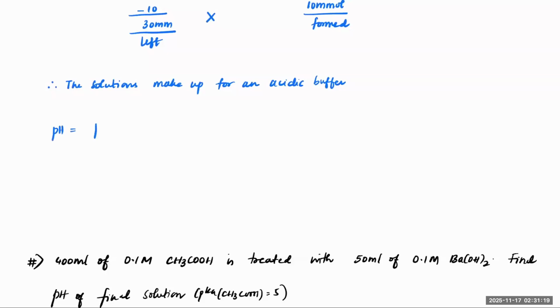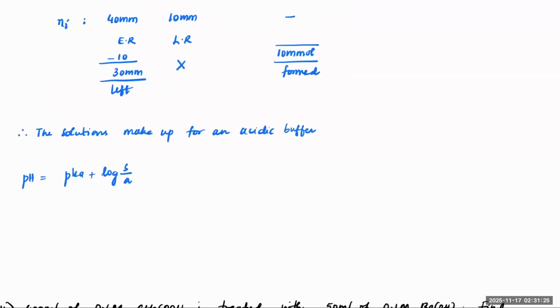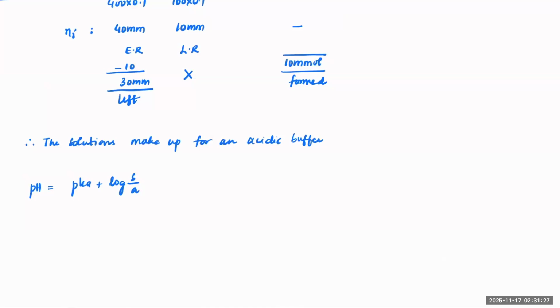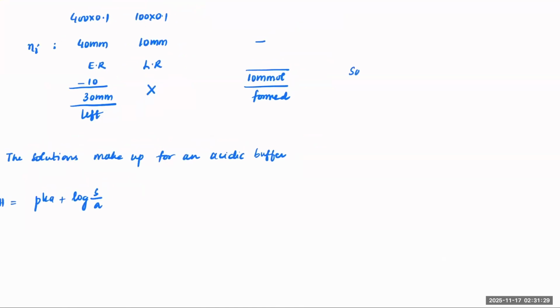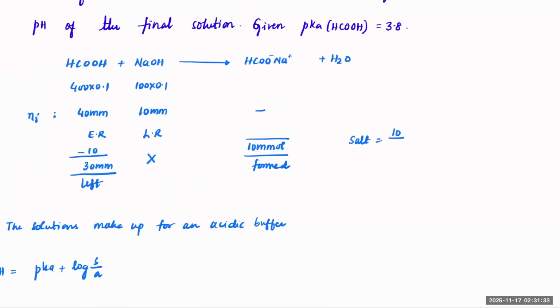So pH is equal to, you can calculate the pH value using the formula pKa plus log of salt by acid concentration. Now salt concentration is equal to 10 millimoles divided by total volume, and acid concentration is equal to 30 millimoles divided by total volume. And since you are taking the ratio, this total volume term will always get cancelled. So we don't have to worry about the total volume at the end.